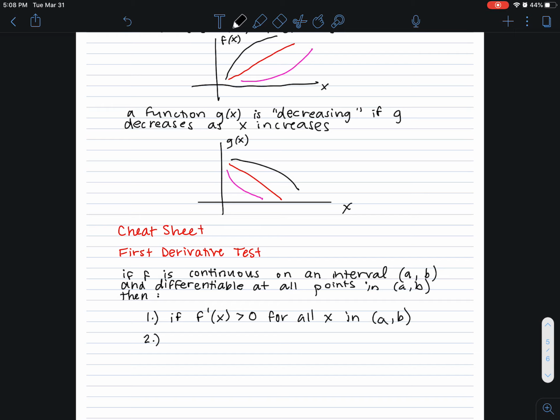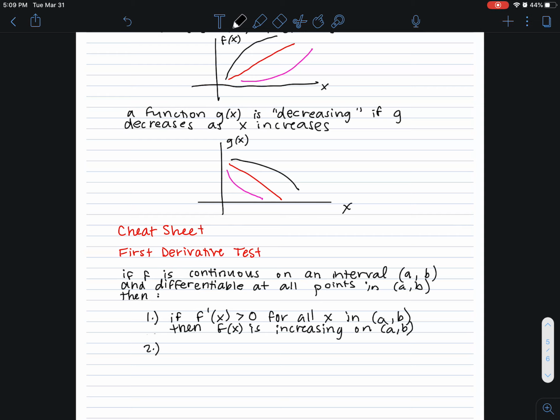And then 2 is if f prime of x is less than 0. Oh, sorry, I didn't even write the statement for that guy. Let me go back to number 1. If this is true, then f of x is increasing on a to b.